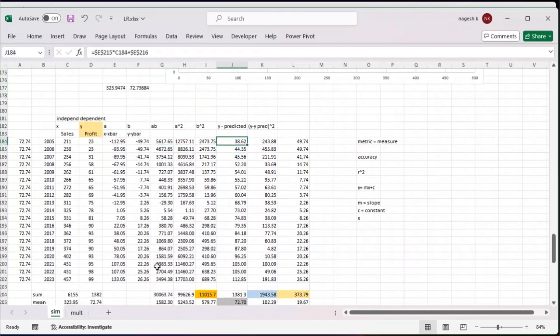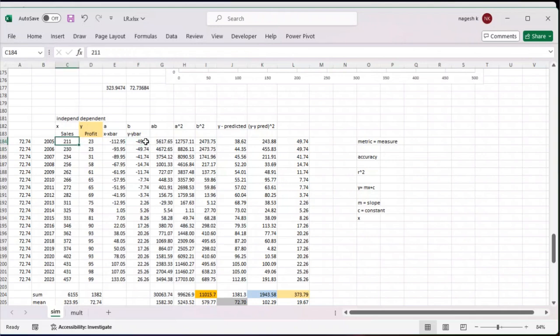This is the formula, y equal to mx plus c, and in that case we have calculated y. This is y predicted, after considering the x value.